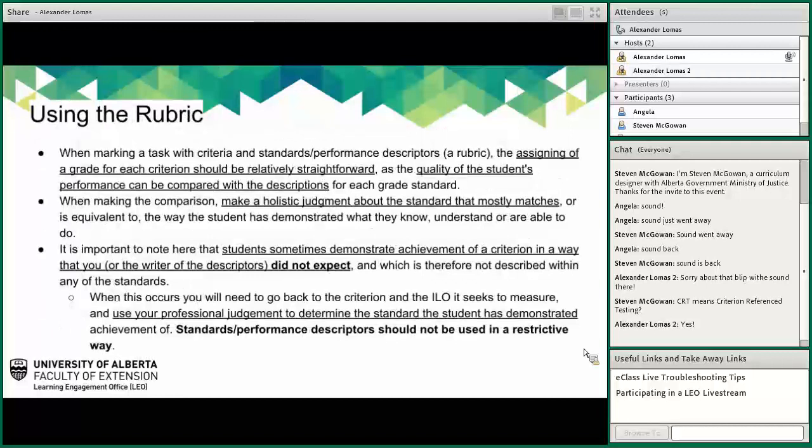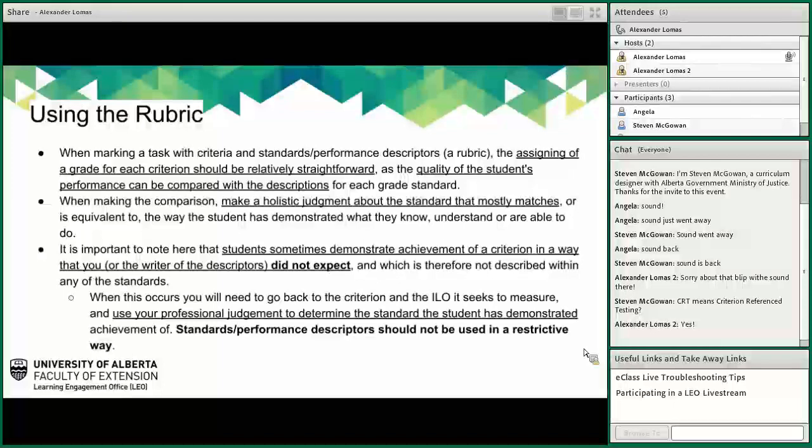So how do you use the rubric? When marking a task with criterion and referenced and performance descriptors of the rubric, you assign a grade for each criterion. So this is back to Kyle's question, which should be relatively straightforward. So we can be a single grade for a single column.